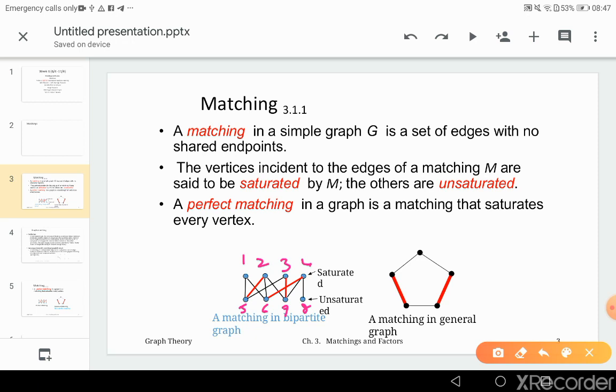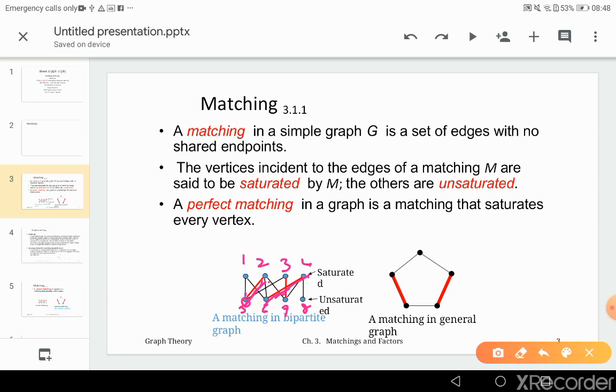Let's see this graph with vertices 2 and 5 matched, and we match vertices 6 and 4 as well. If you see here, vertices 1 and 5 cannot match already because they cannot share the endpoints, since 5 is matched with 2. Vertex 1 also cannot share an endpoint with 6 because 6 is matched with 4.